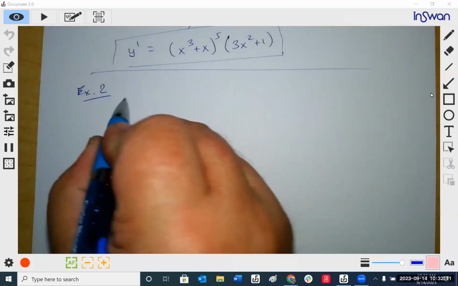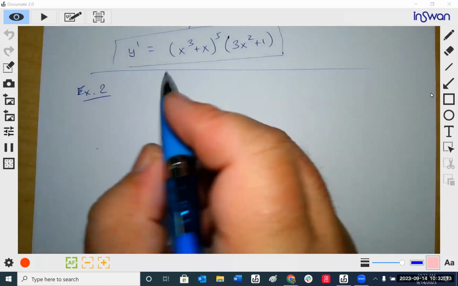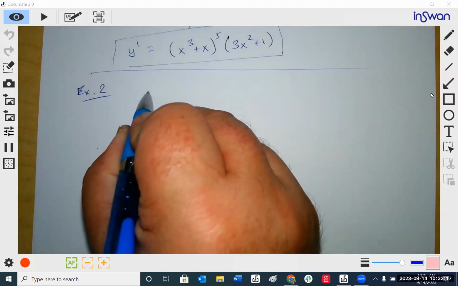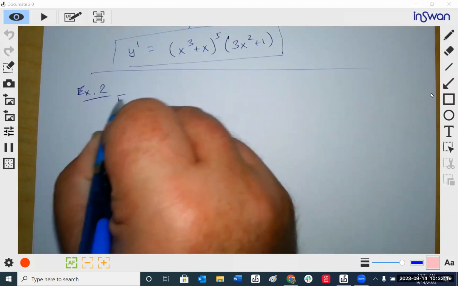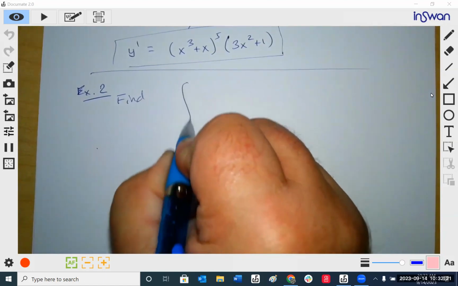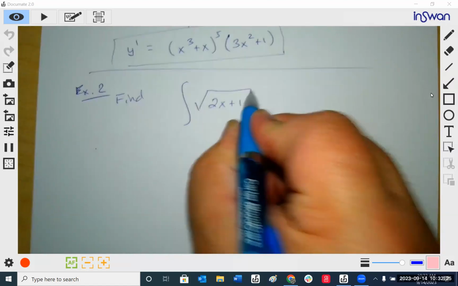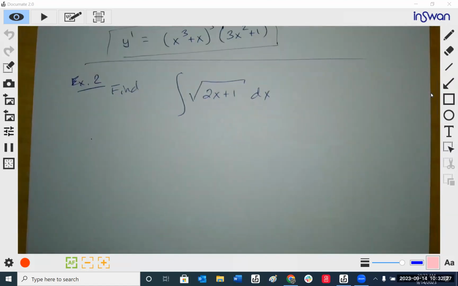Example 2. Will this method always work? Yes, but we have to do some other things first. Find the integral of the square root of 2x plus 1 dx.